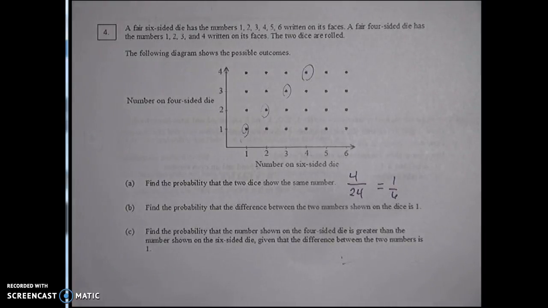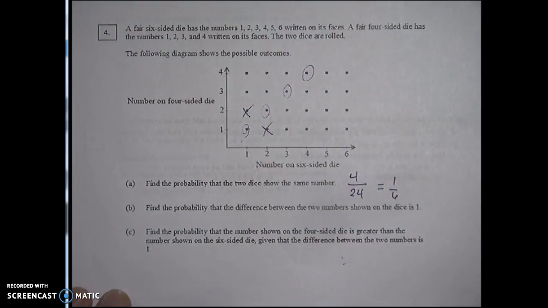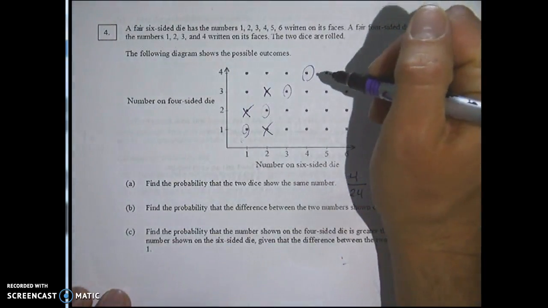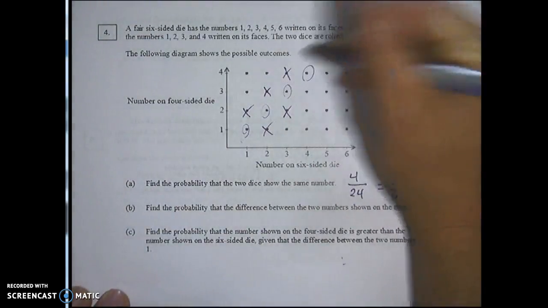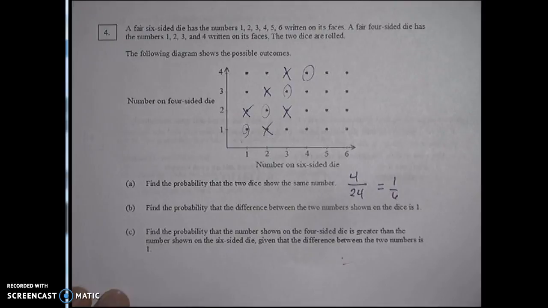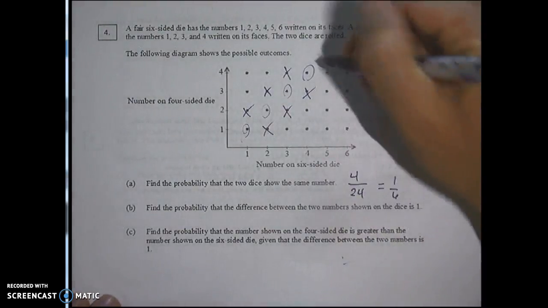If we're going to find the probability that the difference between the two numbers is 1, well, that could be a 2 and a 1, a 1 and a 2. It could be a 3 and a 2, there's the 3 and a 2 right there as well. A 4 and a 3, and a 4 and a 3, and it could also be a 5 and a 4.